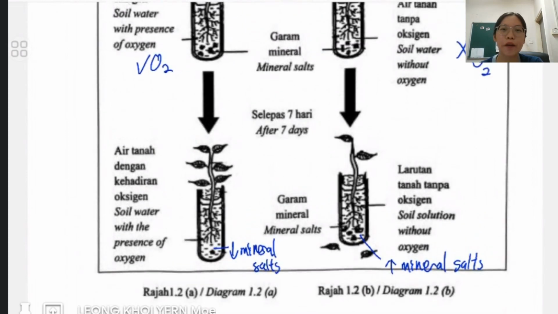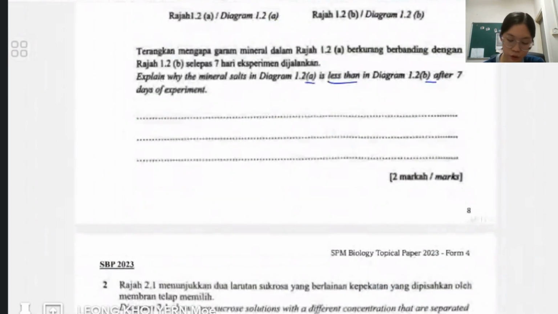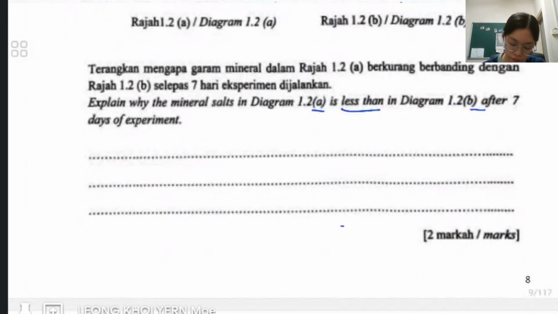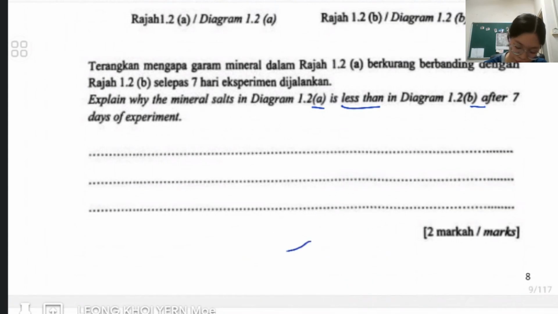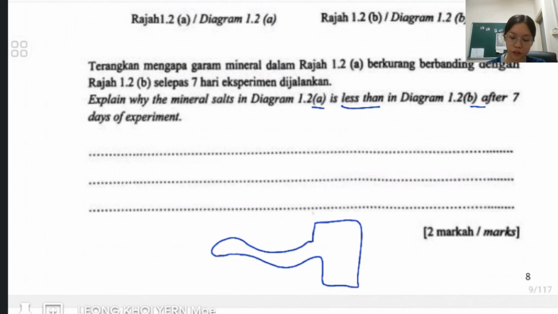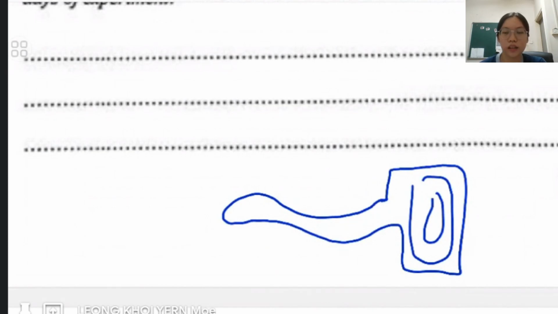Alright, so you have to actually know what happens in the root hair cell. So for the root hair cell, let's say this is one of the root hair cells. There are a lot more cells, so I just draw one of them.